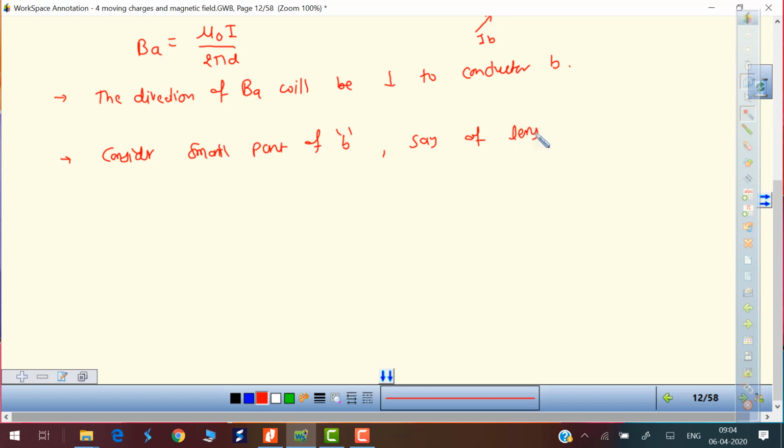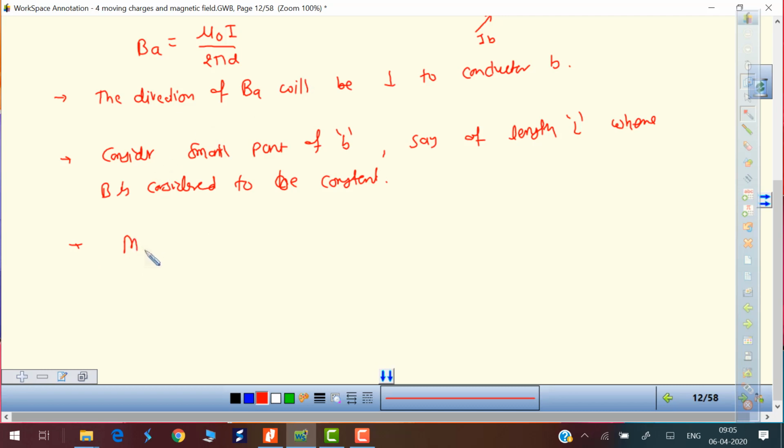Consider a small part of B, say of length L, where B is considered to be constant, and uniform you can say also, yes.